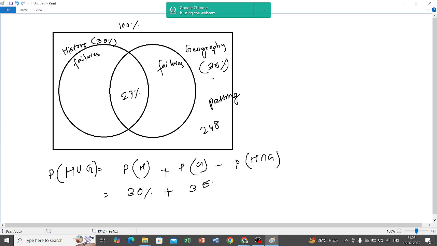What is P of G? 35%. 65% minus 27%, that is going to give how much? 38%.